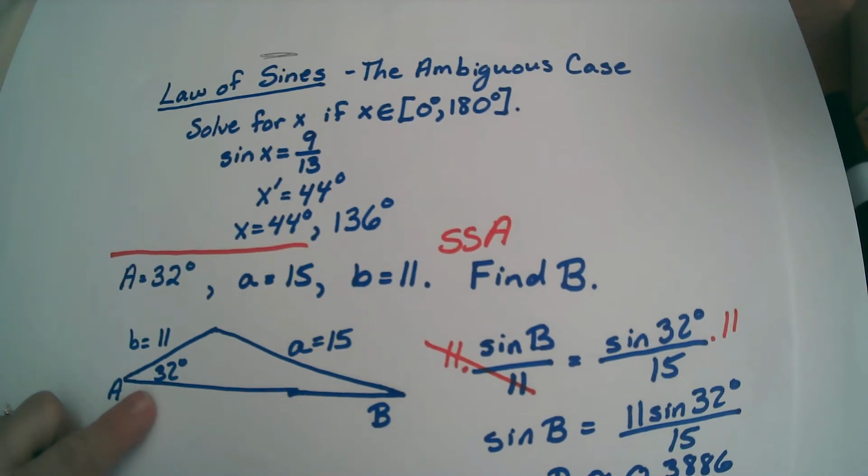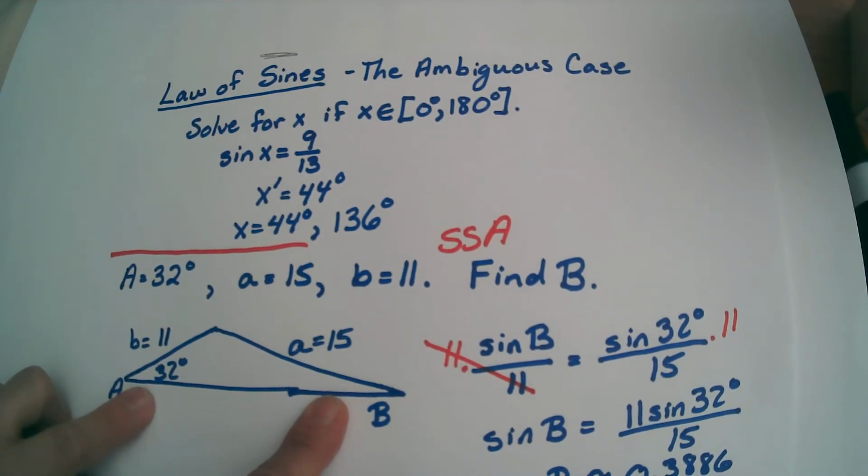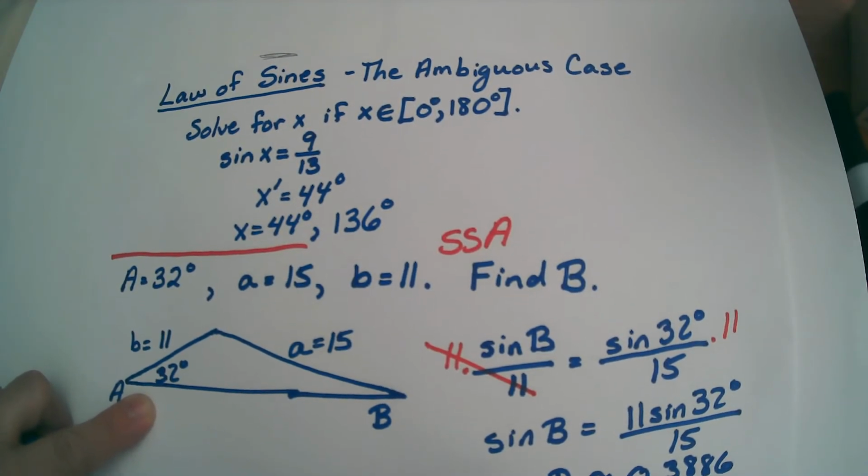Well, if we put 157 degrees in here, notice the sum of these two angles would already be over 180 degrees without even taking the third angle into account at all. So it is not possible that this angle B could be 157, because 32 degrees plus 157 degrees is greater than 180 degrees.